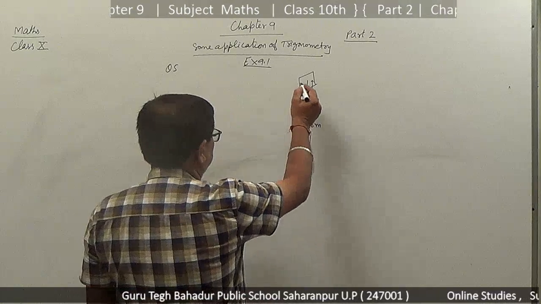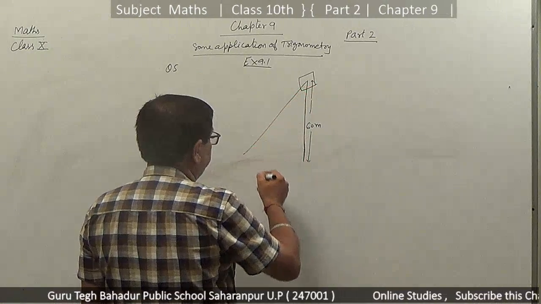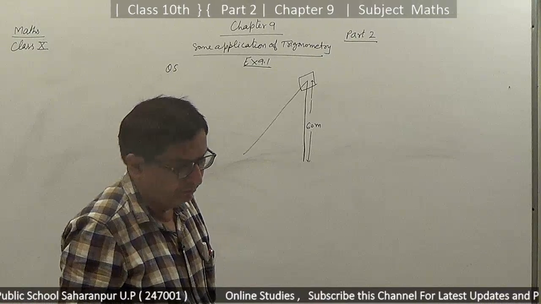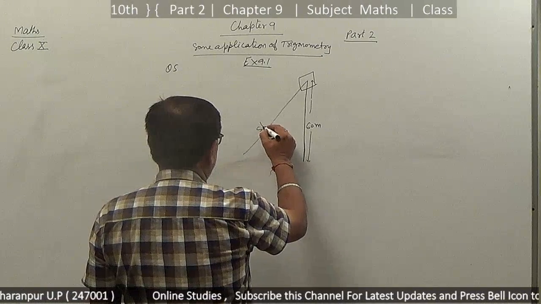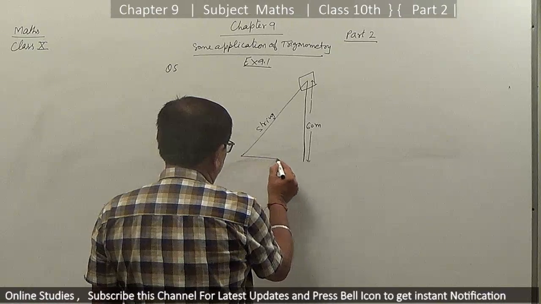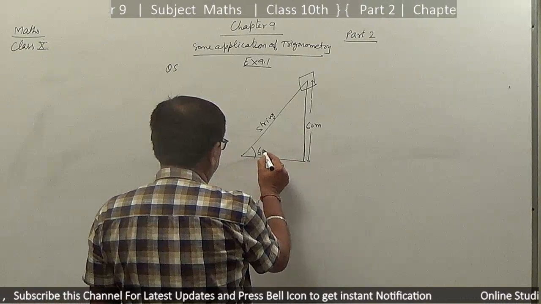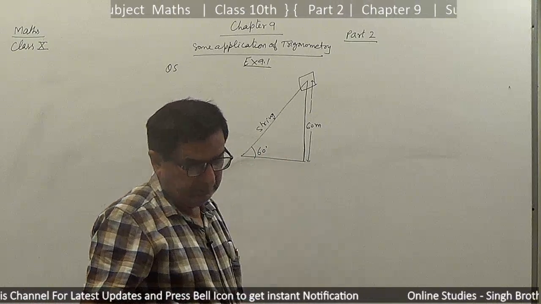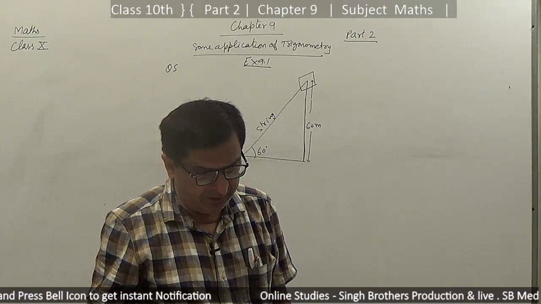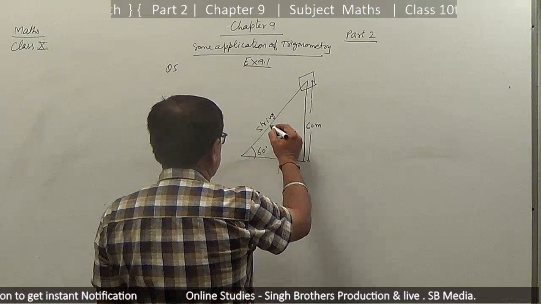This is the string, which makes an angle of 60 degree. Find the length of this string.